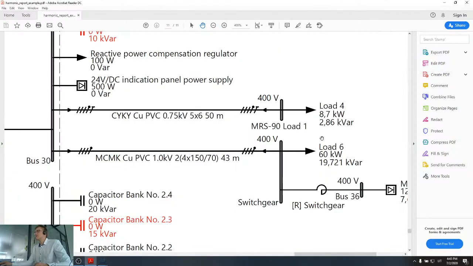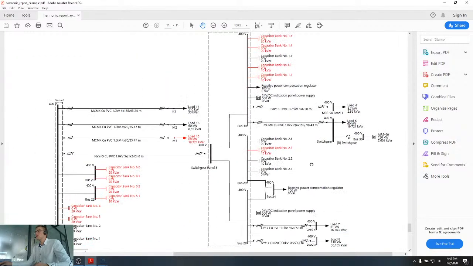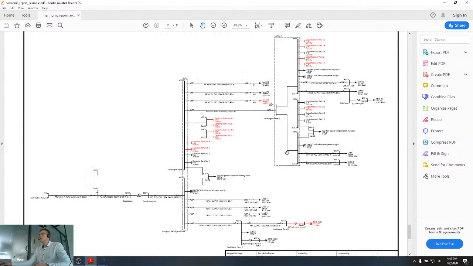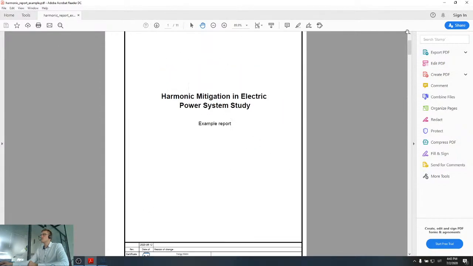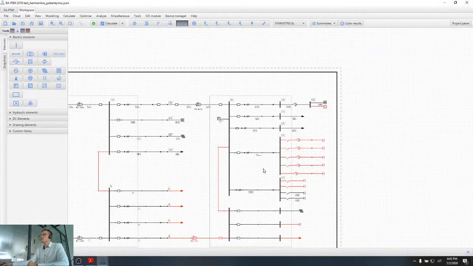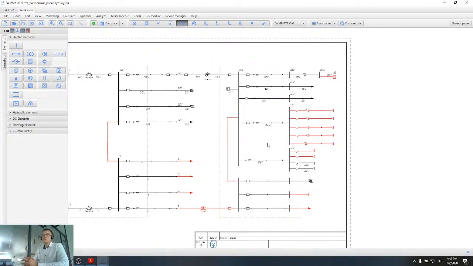This data can be used for calculating the filters. The example you see is a real project from our customer. What you can do with our software is represented by this report. Using the software you can solve power quality issues in the electrical networks of your clients and give reliable results on harmonic and other calculations. So this would be the end of my presentation.